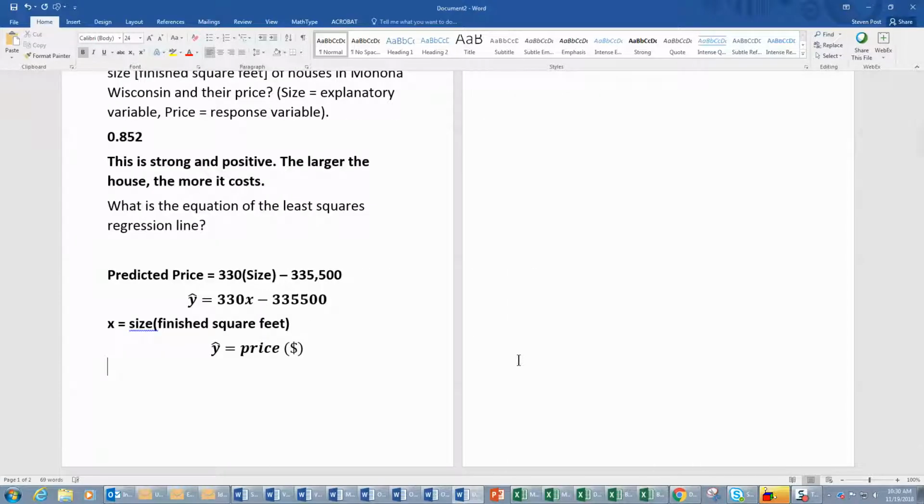So as an example, suppose we had a 2,000 square foot house, then the predicted price would be 330 times 2,000, if there's 2,000 square feet in the house, minus 335,500. And on my calculator, that works out to $324,500.